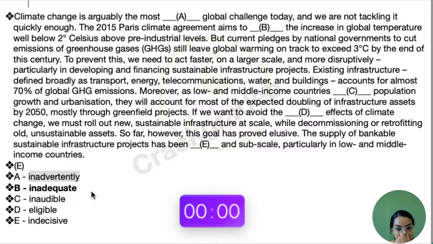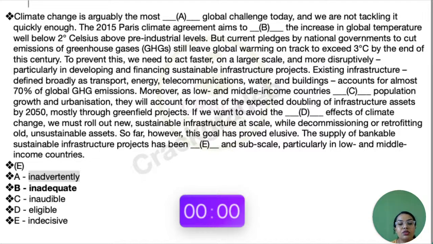Inaudible, illegible, and indecisive. I believe other words are again simple to understand. Indecisive is also when something is not clear, contradictory to something else. And the third meaning is where we can see the person's decision fluctuating from yes to no to I don't know, something like that.